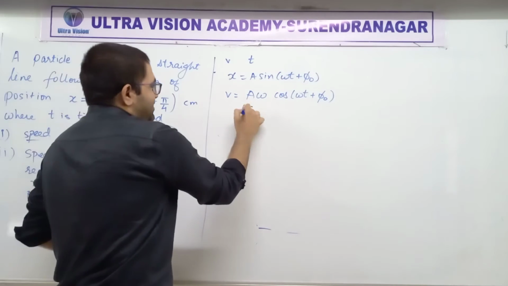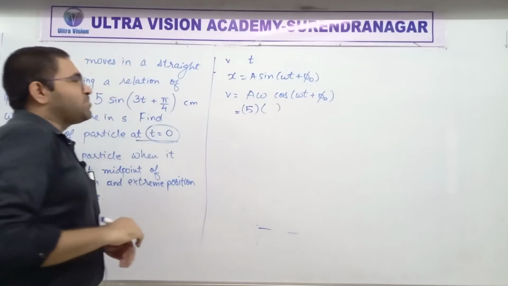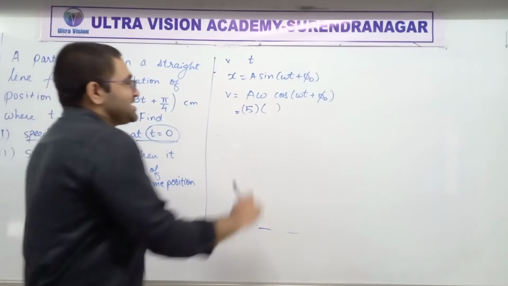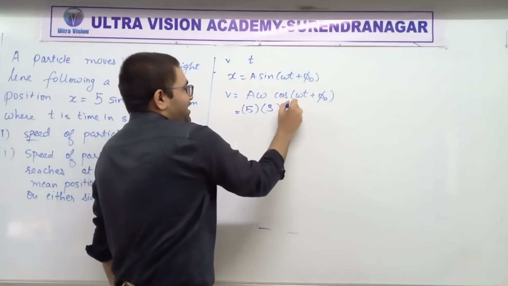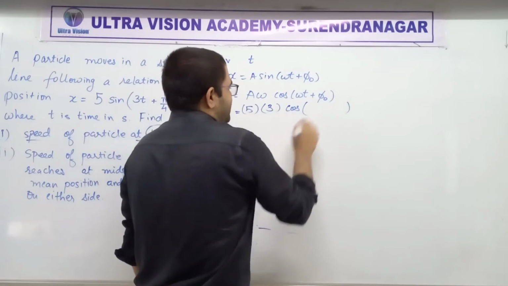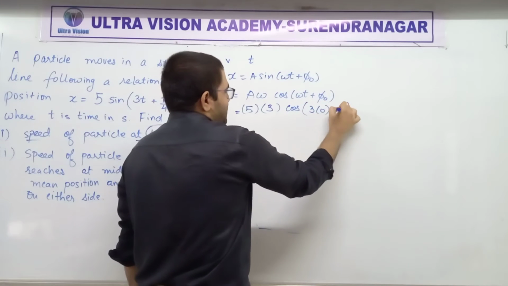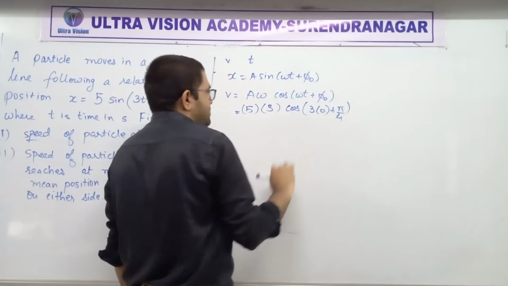What is omega? By comparison of equations. Come on, people. 3. Okay, cos over here. Omega is 3, time is 0, plus phi 0 is pi by 4.